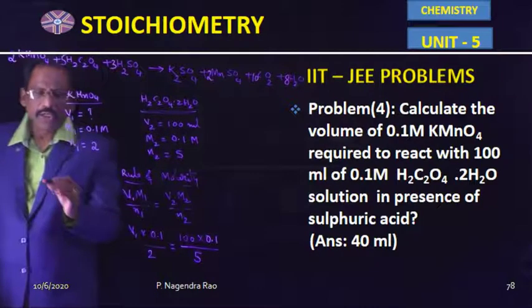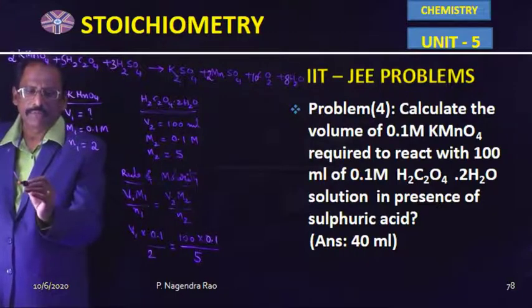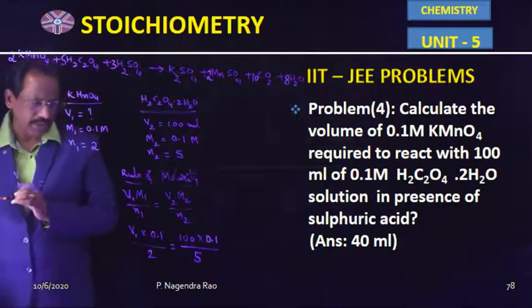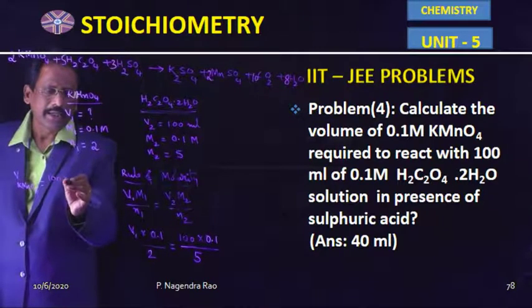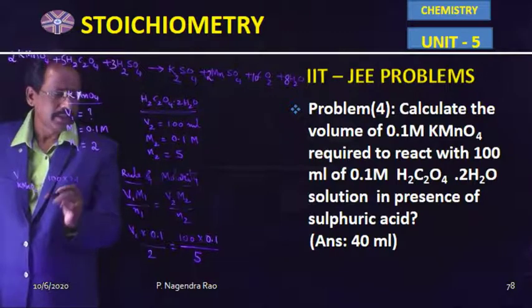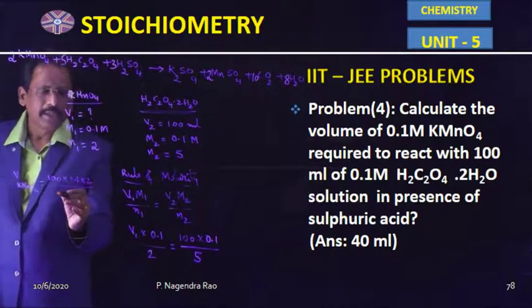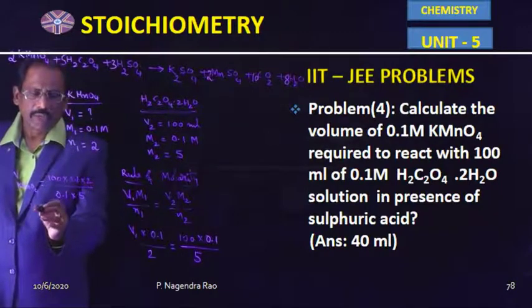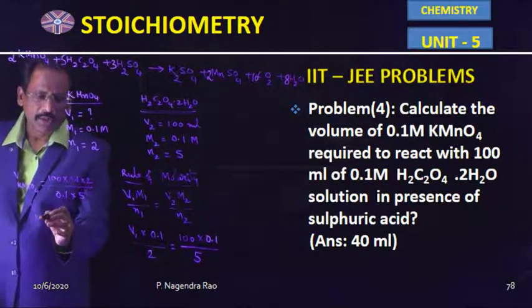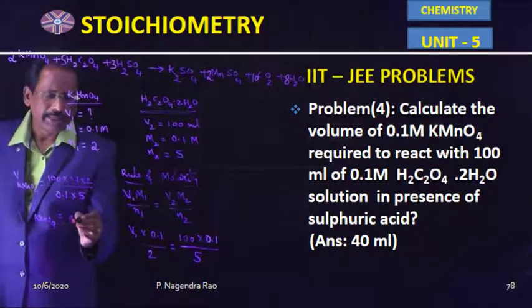Therefore, the volume of KMnO4 solution, by cross multiplication, is 100 into 0.1 into 2 divided by 0.1 into 5. So the volume of KMnO4 solution is equal to 40 ml.